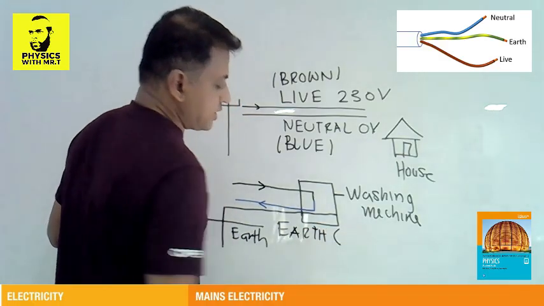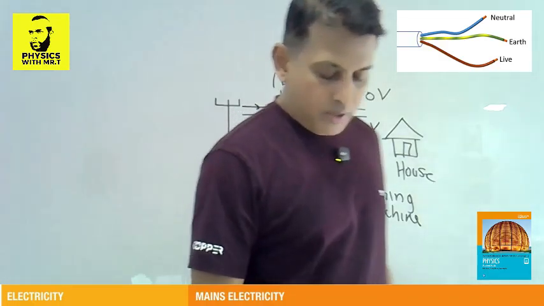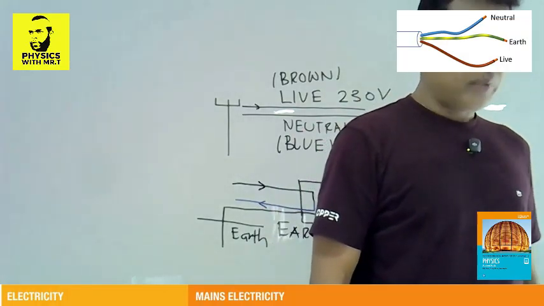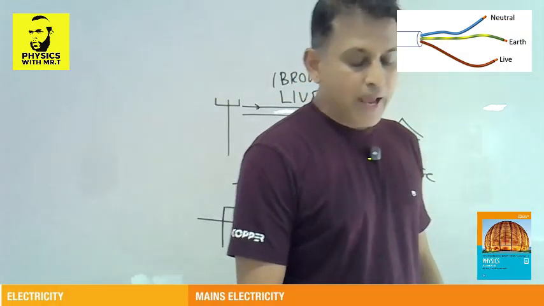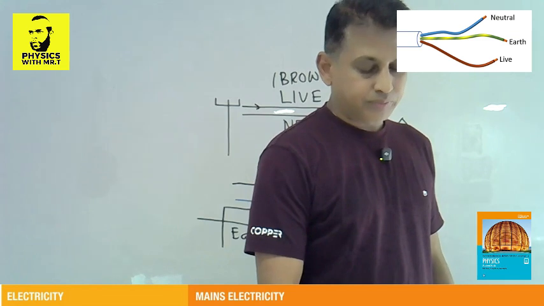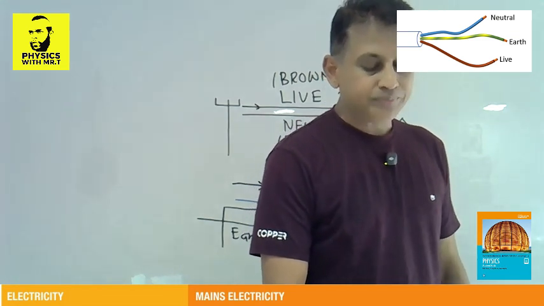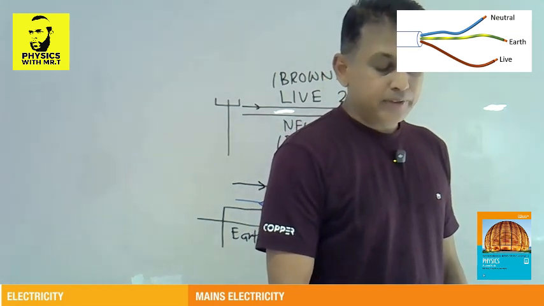The earth wire also has a color code. The earth one is green and yellow, the green color with the yellow stripes.